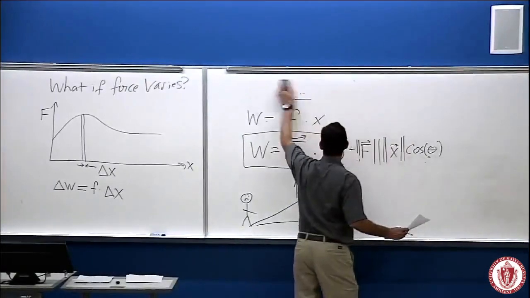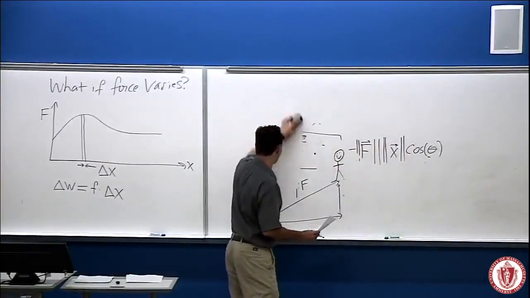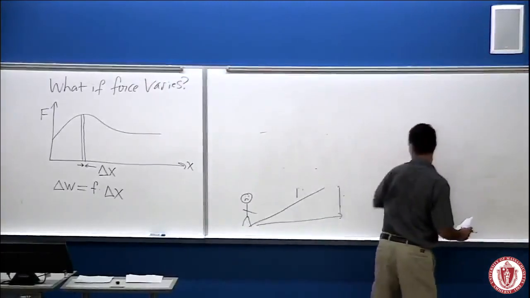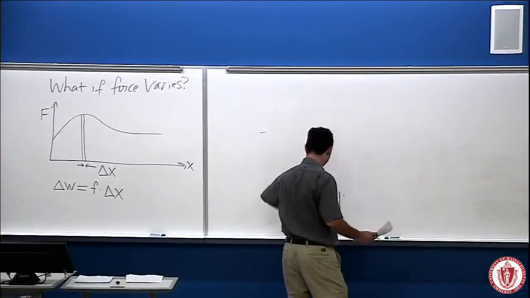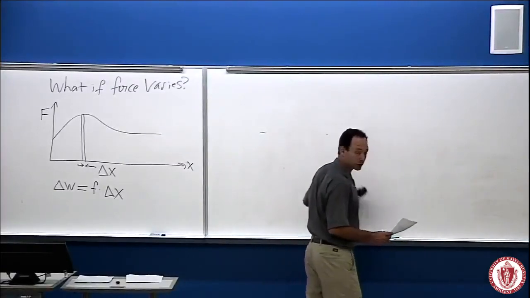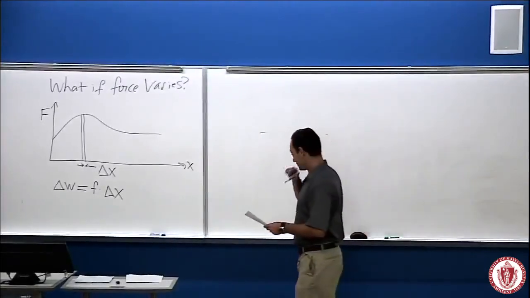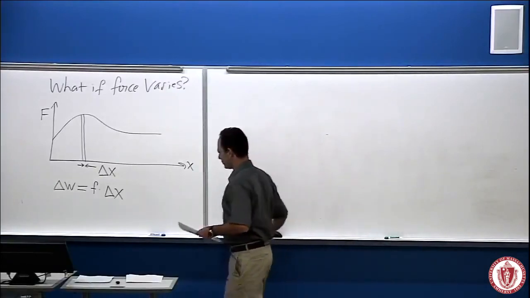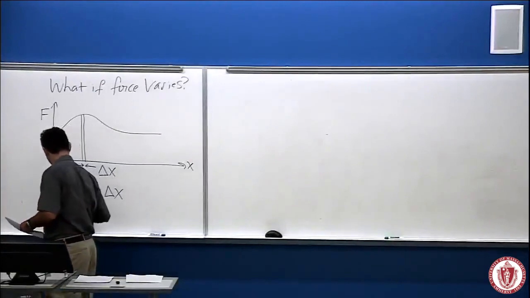And we say, okay, cool. I'll just repeat that process over and over and over, and add up all the little chunks of work into the big summation of work. So if we let delta x go to 0, this really is like a derivative.